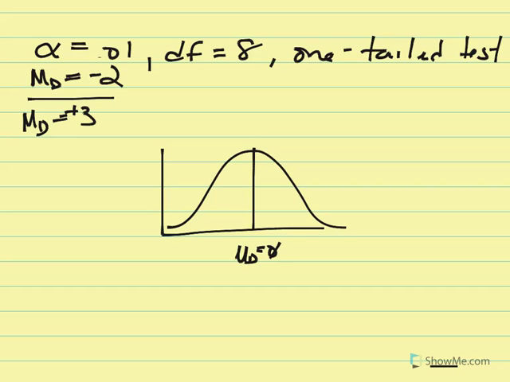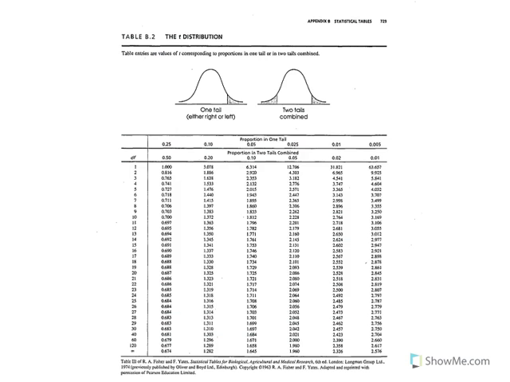So again, if our mean difference was positive, end of test, no need to go any further, because we know it's not going to be in the critical region, because it's not even the same side of the distribution that we had anticipated. But in this case it is, so now we can find our critical t-value given the parameters set of alpha 0.01, degrees of freedom of 8, and using a one-tailed hypothesis process.